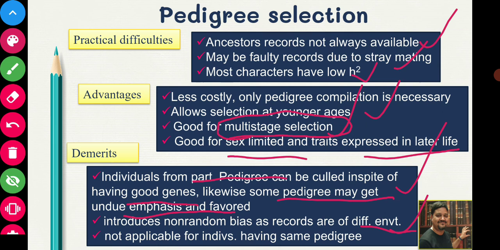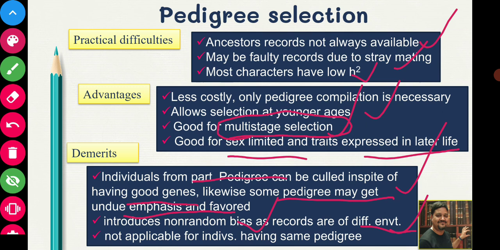That means almost 25, 30, 35 years back. Those individuals who performed 35 years back may not have had the same environment as now. So we are seeing records from a different environment and selecting individuals in a different environment. This variation in environment may hinder the selection process. So it will introduce non-random bias.